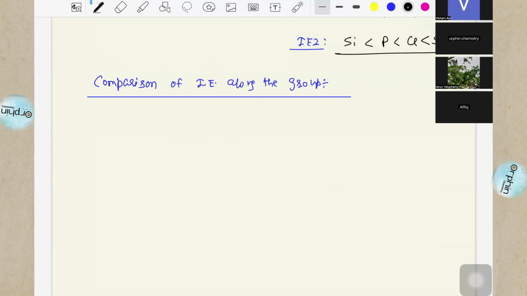So ionization energy decreases down the group. It decreases down the group regularly for every period in S and P block elements except 2, right?